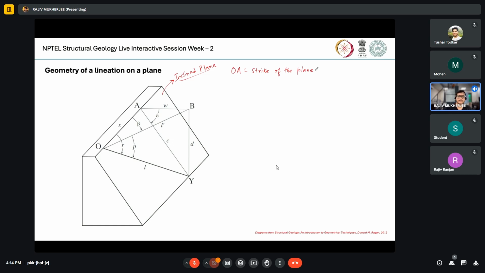This is the inclined plane, and this line OA is the strike line of the plane. The strike line, by definition, is any horizontal line on the plane.